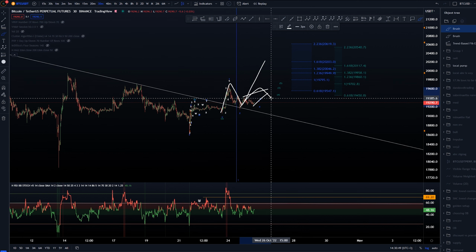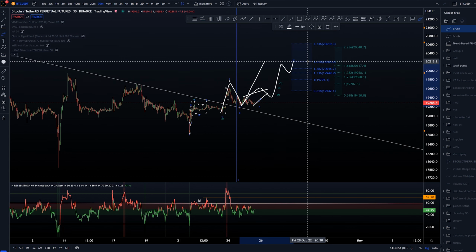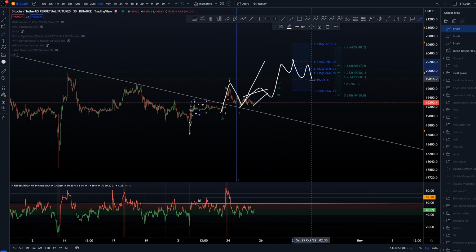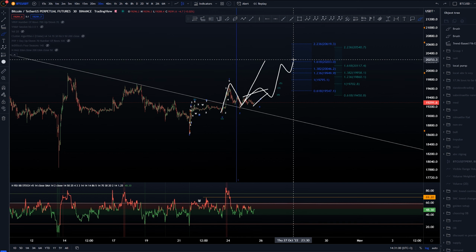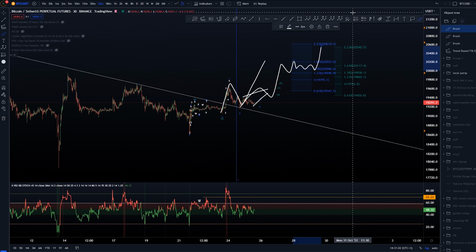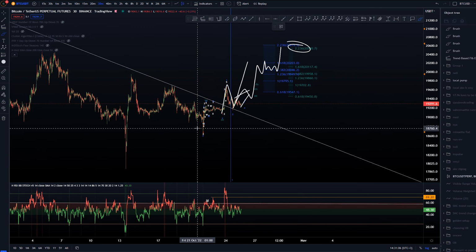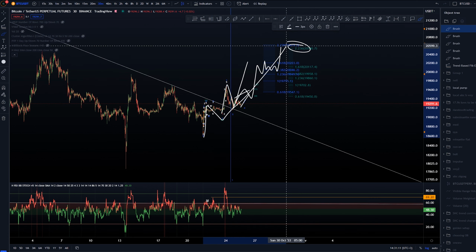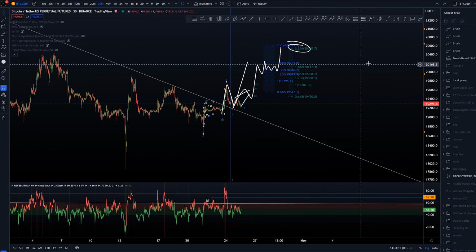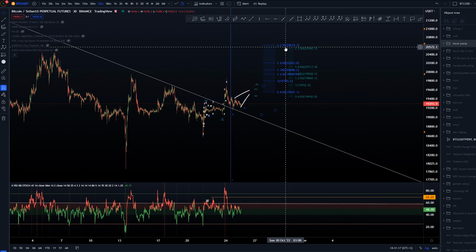For that to happen, this would have to be a 1, 2, 3, 4, 5, something like that to get to the 1.618. Pull back for the wave 4, not getting to the wave 1 area here, and then another push higher, and at that point 2.236 would be most likely hit before even the third wave of this would be complete, sorry. And at that point again, we would be looking for fourth and fifth.